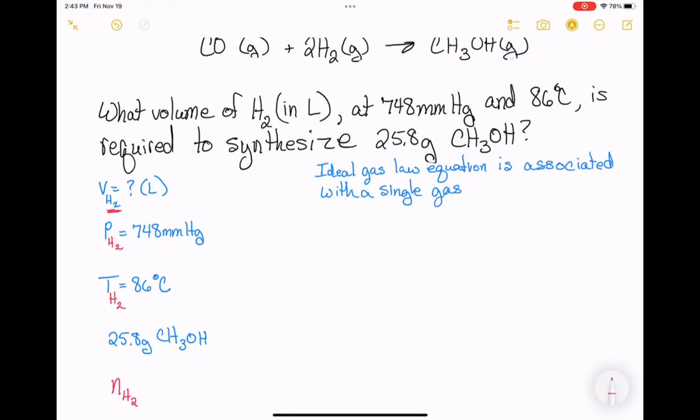But we need to be able to get to the moles of hydrogen in order to use our ideal gas law. And the way we get to the moles of hydrogen is through stoichiometry.